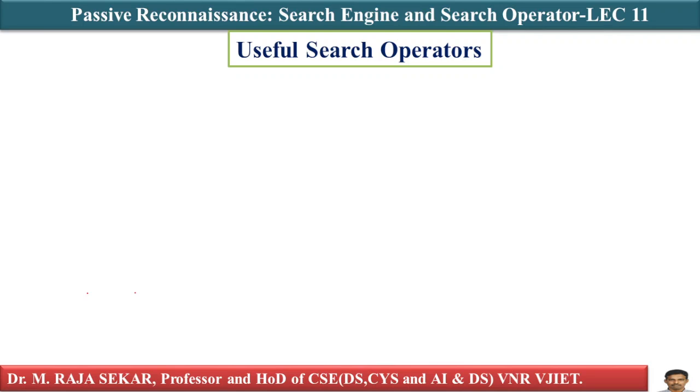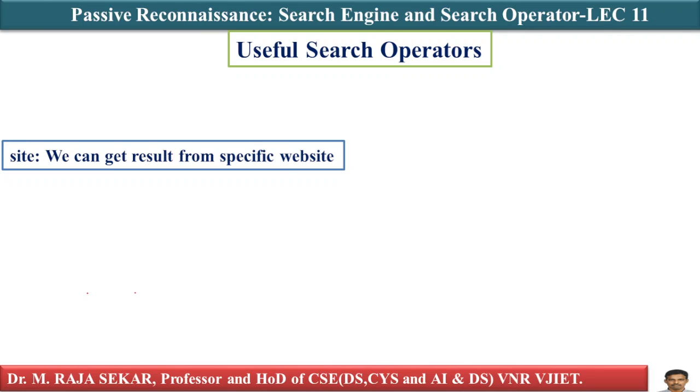Now we discuss some basic operators in Google search. The site operator. The site operator is used to limit the search. Let me repeat: what is this particular operator?